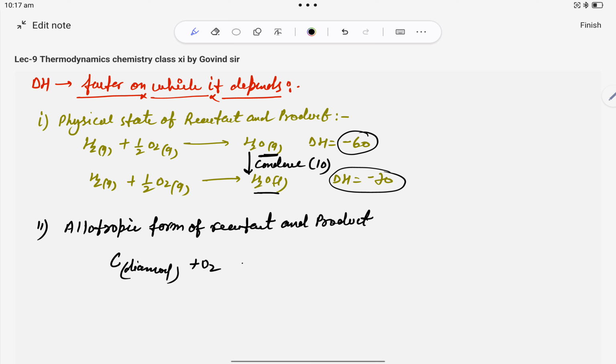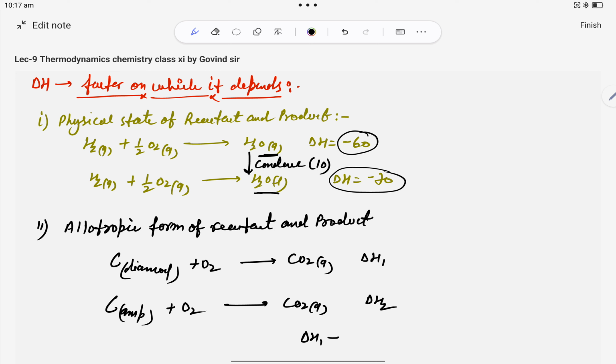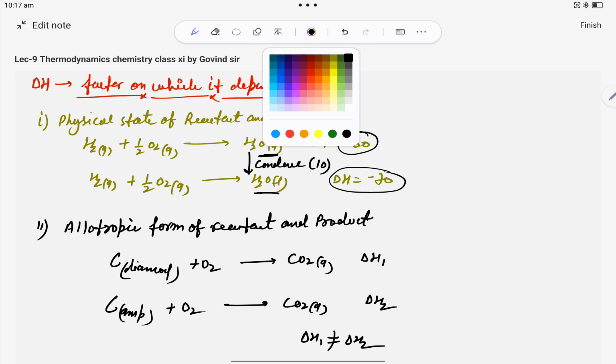O2, it is forming CO2 gas, so here it is delta H1, and C, amorphous or graphite, anything. O2, it is forming CO2 gas, here delta H2. So delta H1 cannot be equal to delta H2. So it depends upon the allotropic form. Got it?